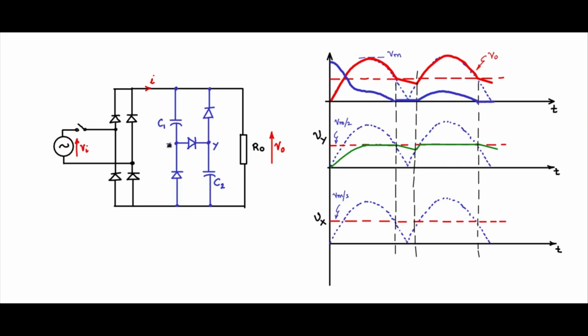Now when you come to the Vx waveform here, the Vx will have an envelope. Now this is a constant fixed, let us say this is a constant fixed Vm by 2. This will be whatever the value V0 here, V0 minus Vm by 2 will appear across this one. V0 is this waveform minus this Vm by 2. So I am just taking it from this point here, let us say. So it is this envelope that Vx will have.